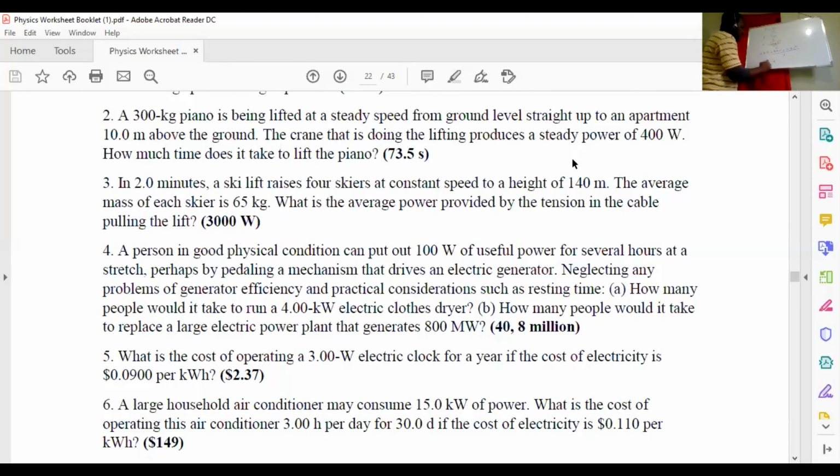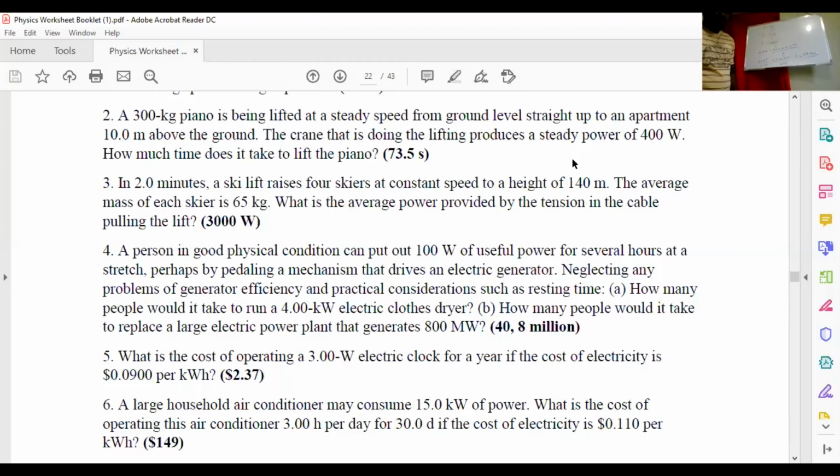Wait, sorry, the mass is 300, not 500, so this is 30,000. Cross multiplying, 400t is equal to 30,000, so we get 75 seconds. So that would be the time it takes for the crane to lift the 300 kilogram piano 10 meters.